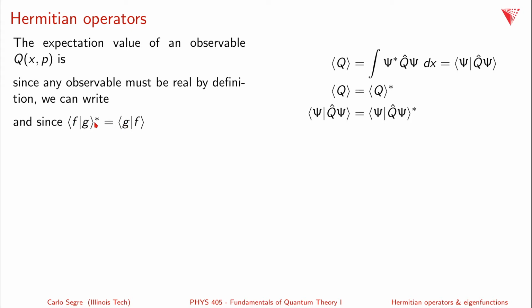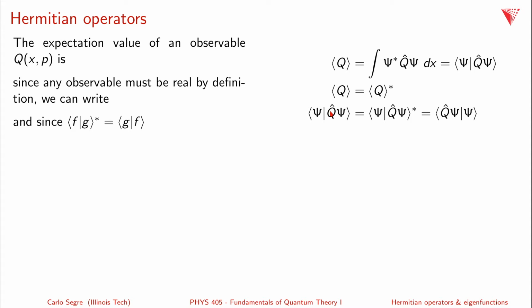So the inner product of f and g, complex conjugated, is equal to the inner product of g and f. Because of that, when you take the complex conjugate of this bracket, it must be equal to bra Q psi, psi.